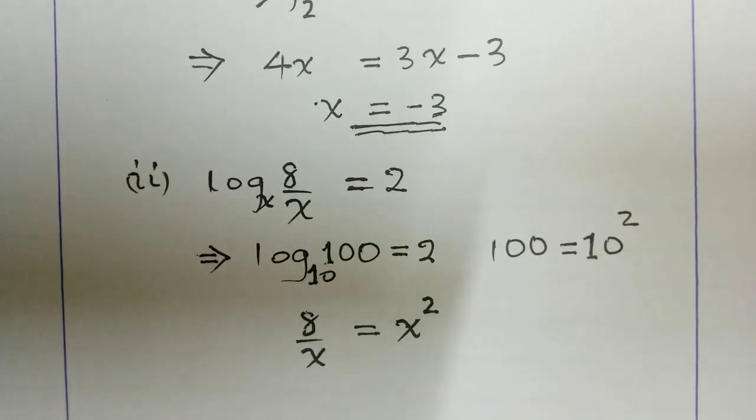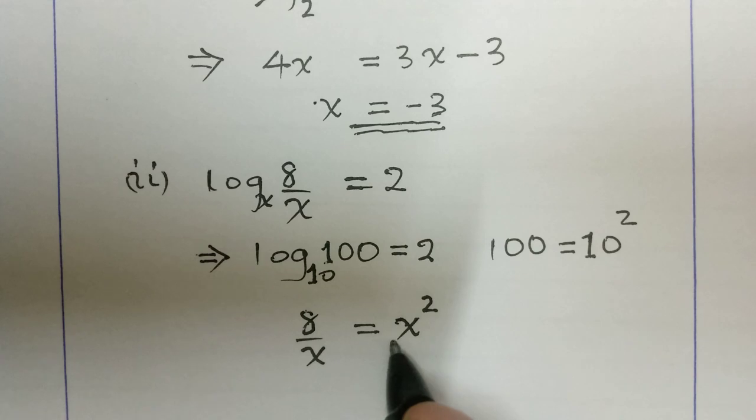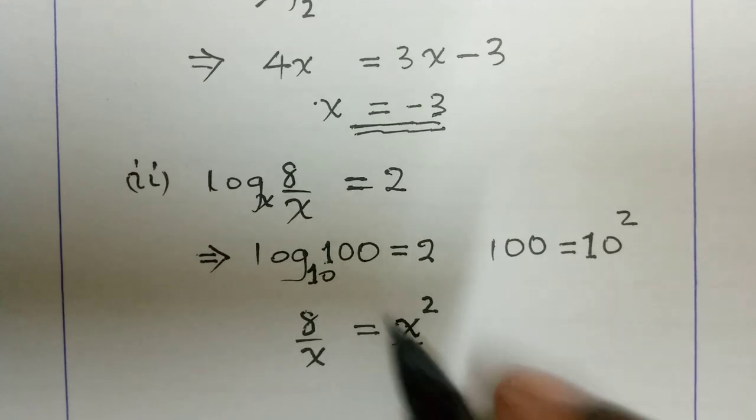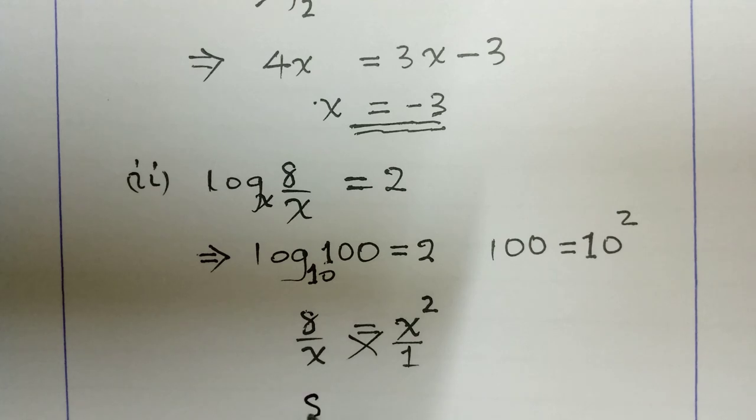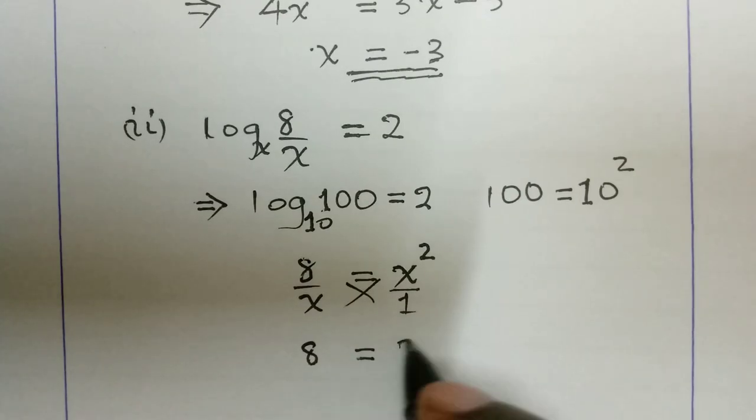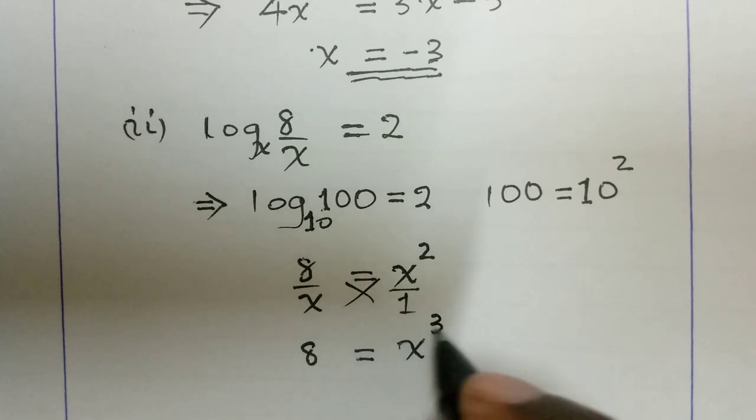We can now do what we call cross multiplication. When we cross multiply, we get 8 is equal to x cubed.